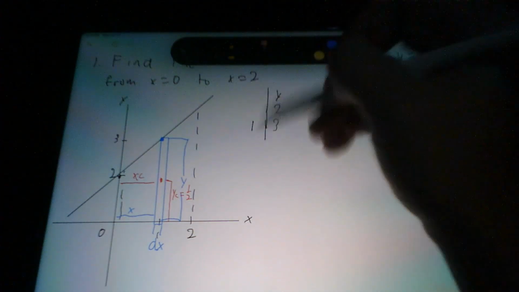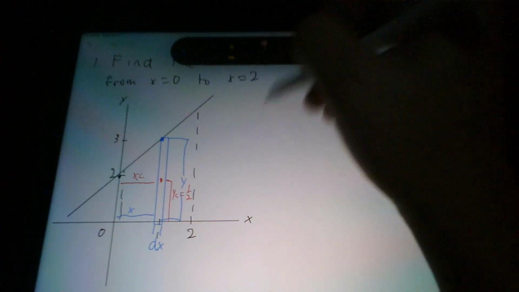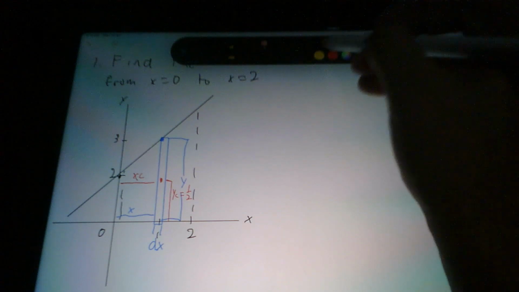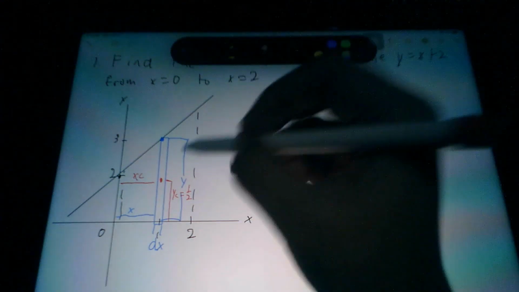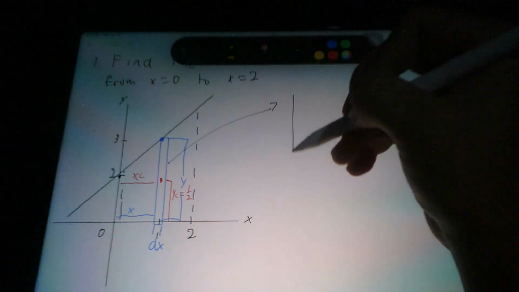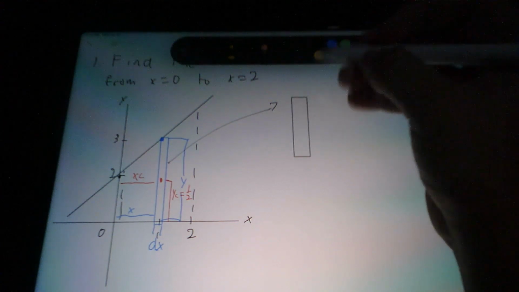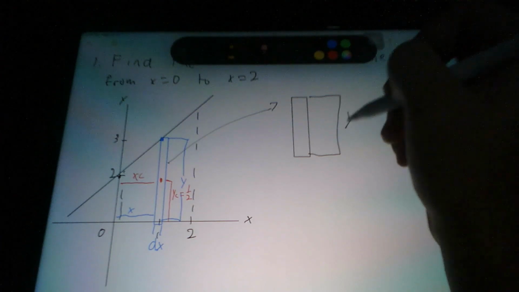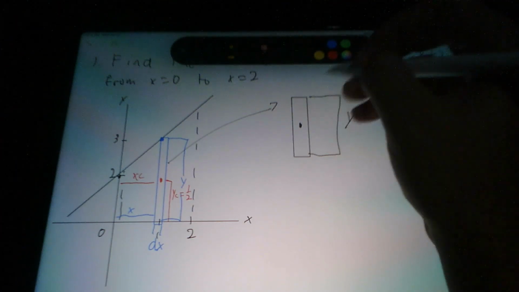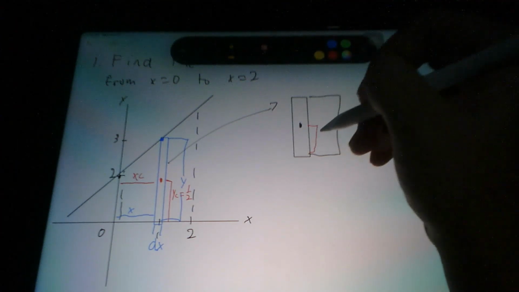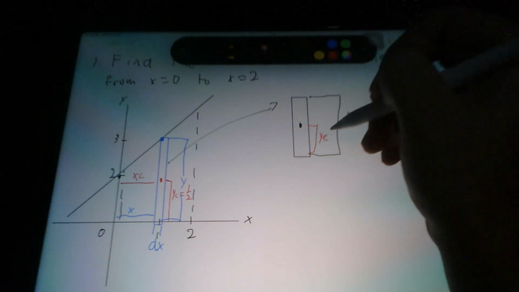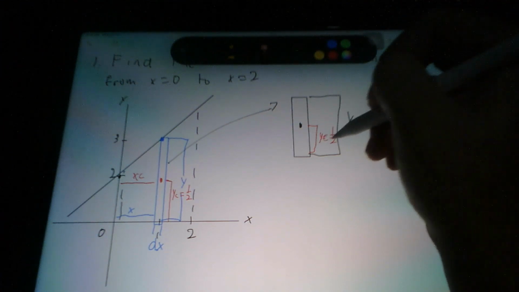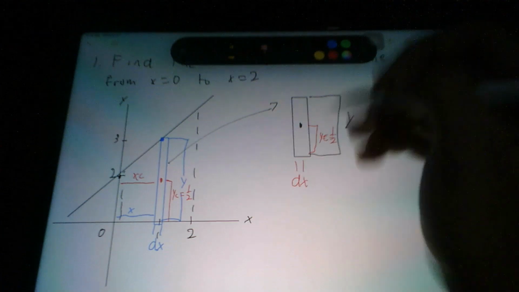Now let's put the strip here outside. This is our y, and this is our center here. This is just equal to yc, or 1/2 y, and this is our dx.